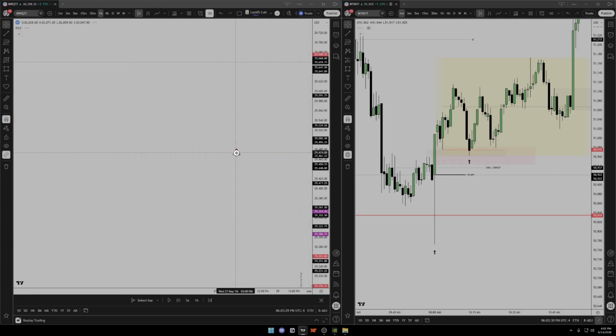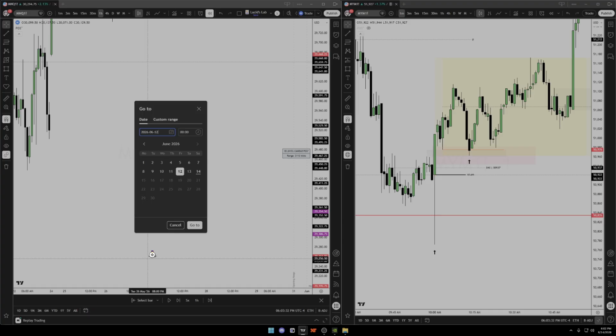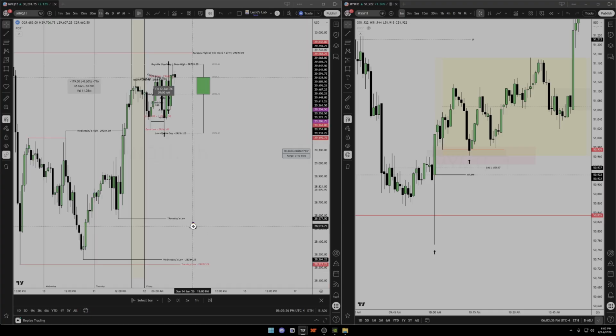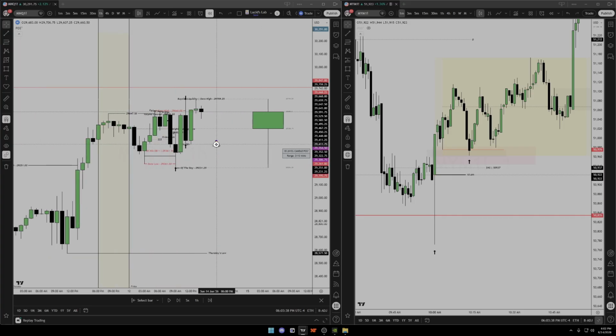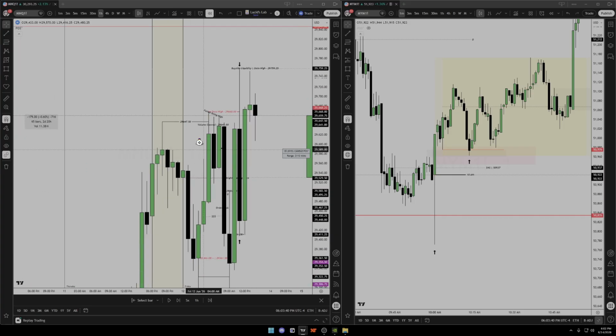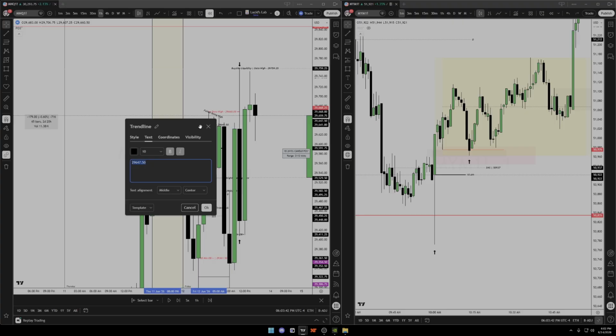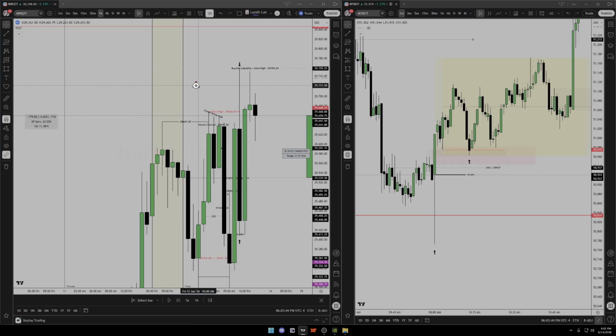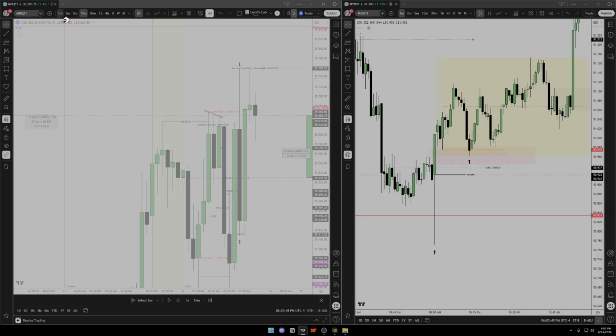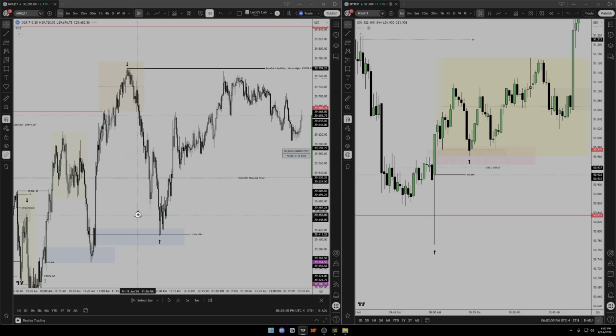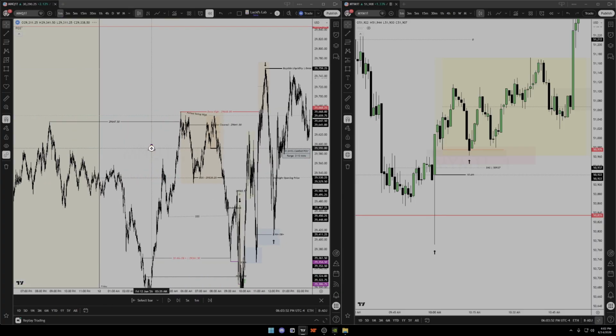If I was to go to the hour chart fairly quickly, it's not rocket science how you identify your targets once you pick a bias. The next high that you would pretty much target is that high that was at 29,647.50. That high here, which was within Asia, pretty much would have been your target for the higher draw of the move, which is all the way back here.